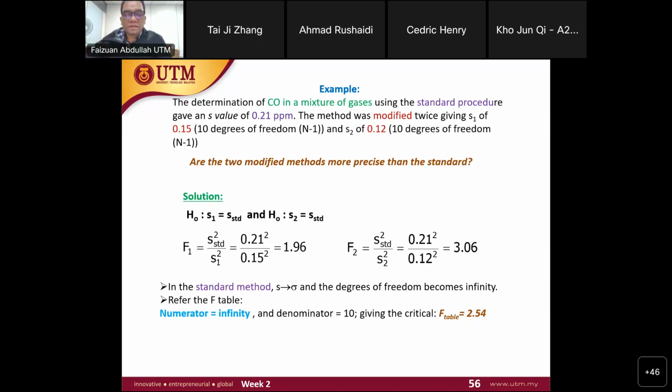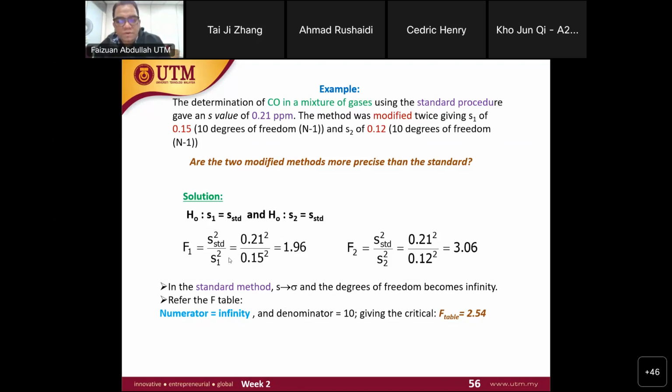Normally, in the standard method, using the standard procedure, with s value 0.21, s is close to sigma and the degrees of freedom become infinity.